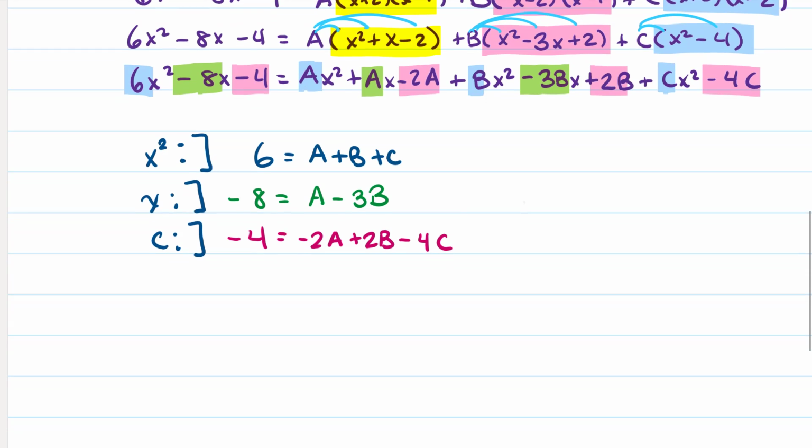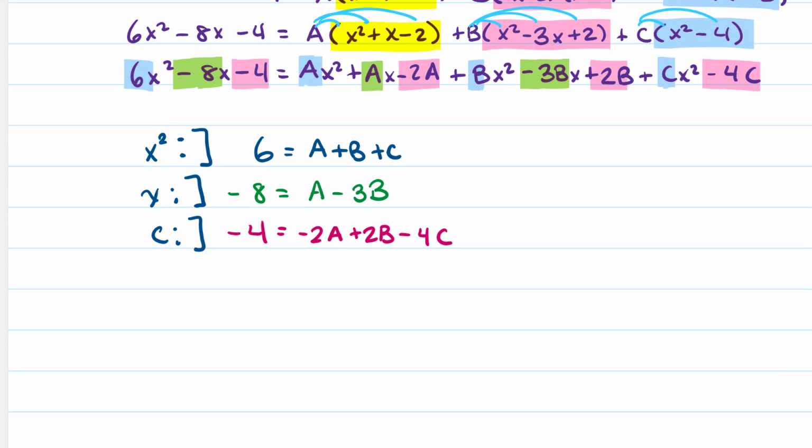Okay, so now I've got a system of equations, and you can solve these by elimination or however you like. I like to solve them using substitution, especially because the middle one has only 2 letters. So here I'm going to get that A is equal to 3B minus 8 by adding the 3B over.